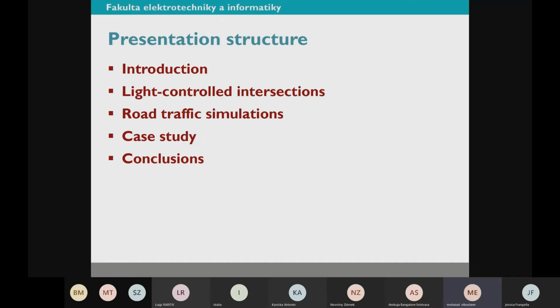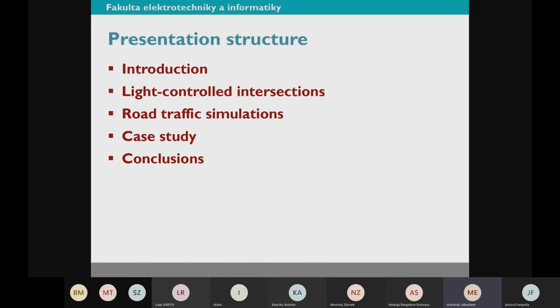Let me make several comments on the expected presentation structure. At first, I will make some introductory comments. Then I will say several words about the light control intersections. After that, I will pay attention to the motivation of using road traffic simulations.